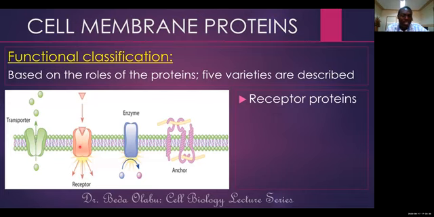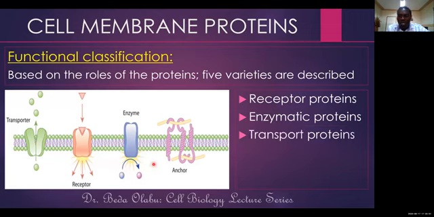Some of the proteins in the cell membrane are receptors. Some of the proteins in the cell membrane are enzymes. What do enzymes do? Enzymes catalyze biochemical reactions. So it could be a protein, yes, but it catalyzes biochemical reactions. It is an enzyme.